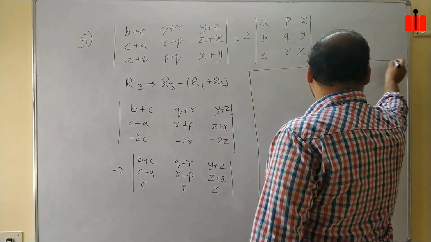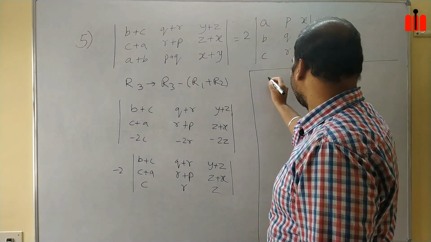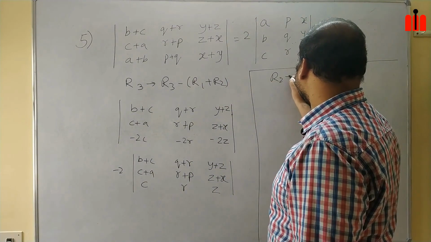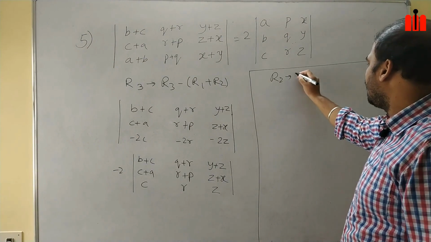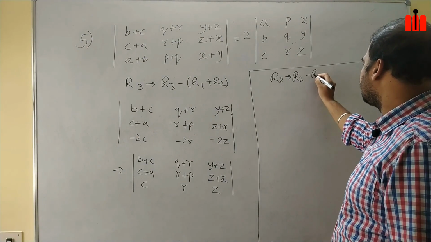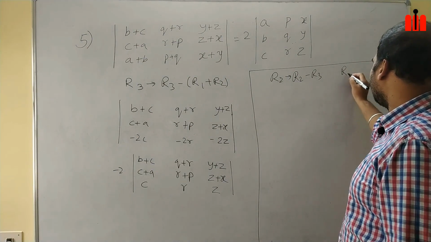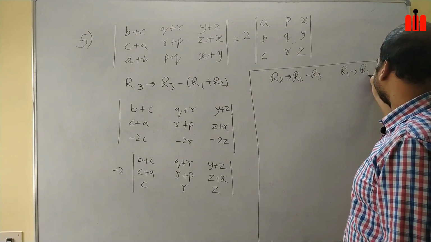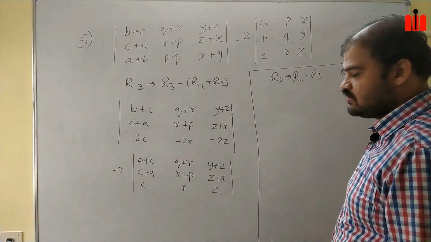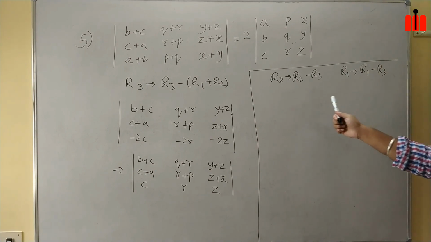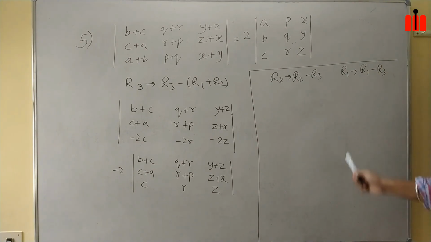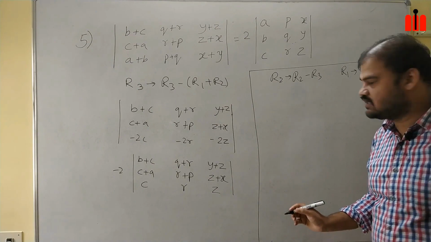So my operation will be R2 is R2 minus R3 and R1 is R1 minus R3. So for R2 and R1, I am doing the operation R2 minus R3 and R1 minus R3.